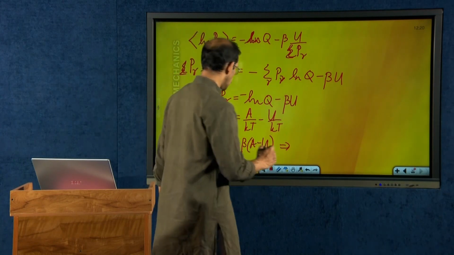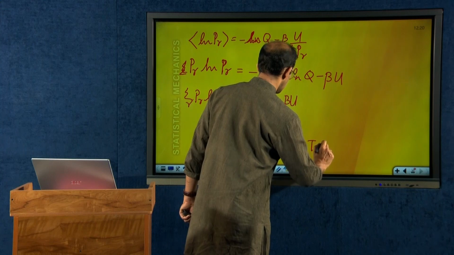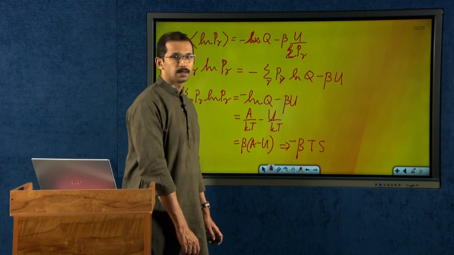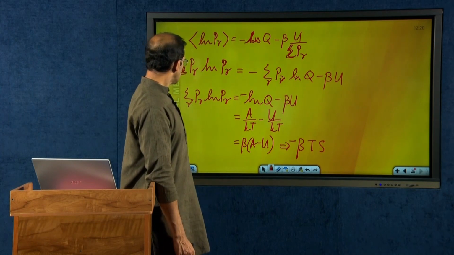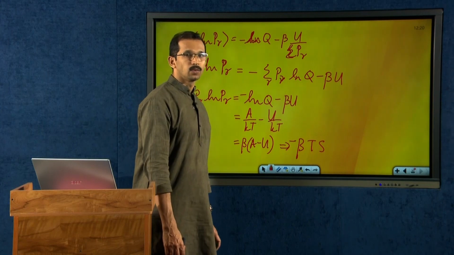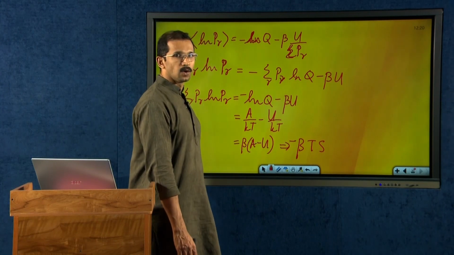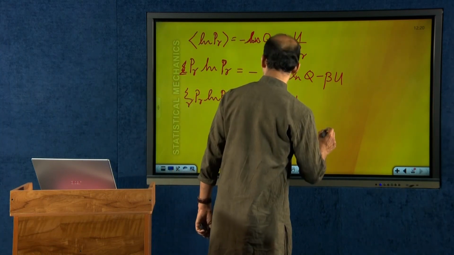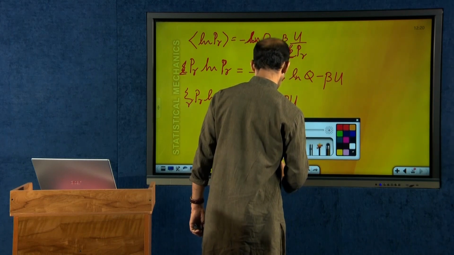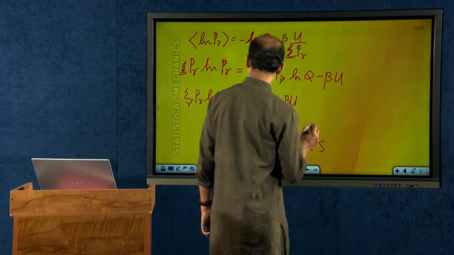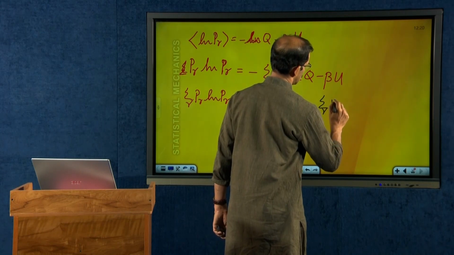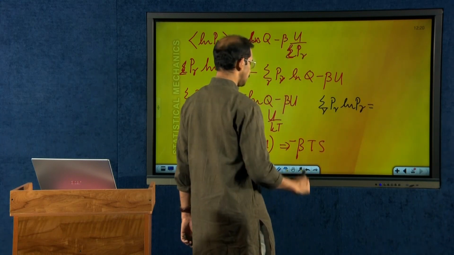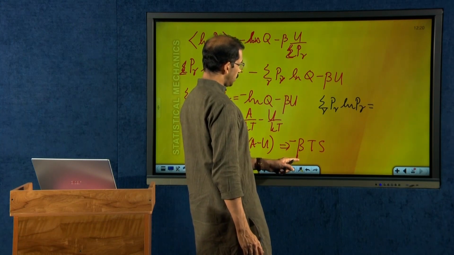So, therefore, I can write this as beta TS, minus beta TS, right. So, the sum over r of P_r ln P_r is equal to minus beta TS, and beta is equal to 1 by KT.